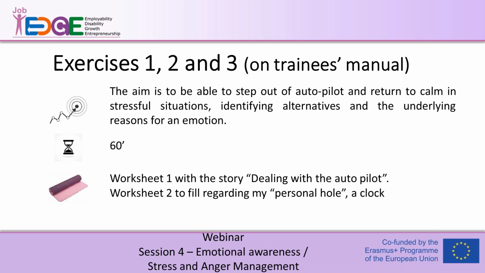The aim of all these exercises is to be able to step out of automatic pilot and return to calm in stressful situations, identifying alternatives and the underlying reasons for an emotion. All these exercises are based on worksheet 1 and worksheet 2, which are in the trainees' manual.